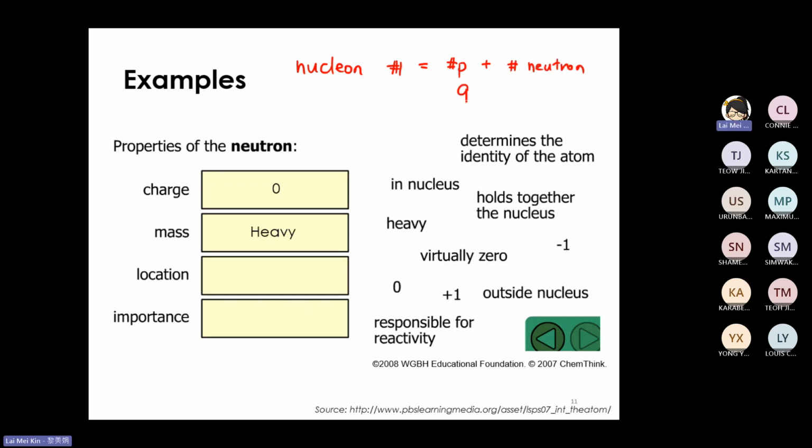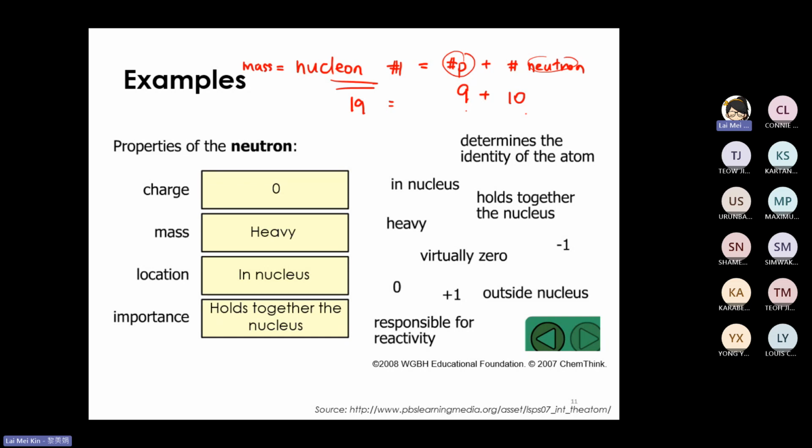Let's say you have 9 protons and 10 neutrons, you will have a mass number equal to 19. Each proton is considered heavy 1, and each neutron also 1. The mass is significant. The location of neutron is in the nucleus, and the function of neutron is to hold together the nucleus.